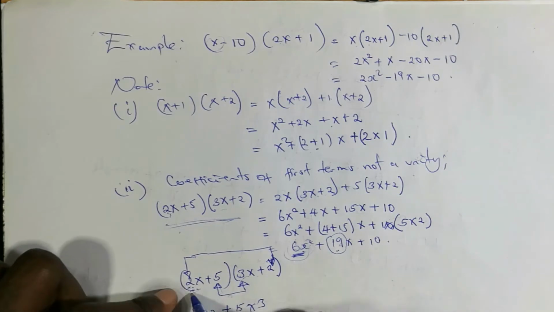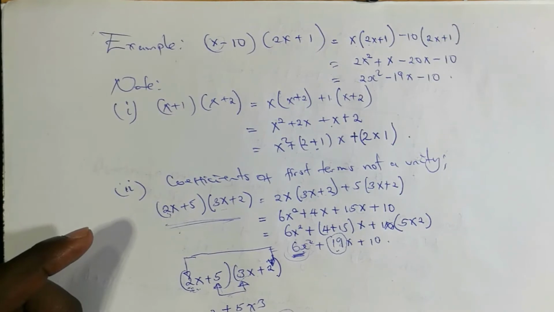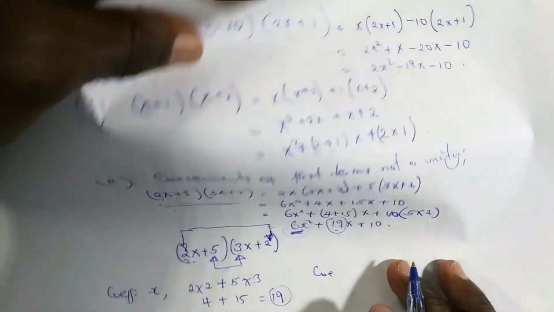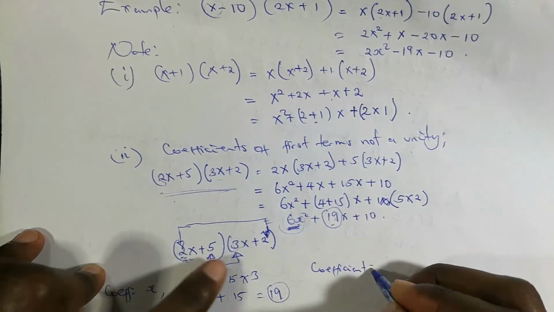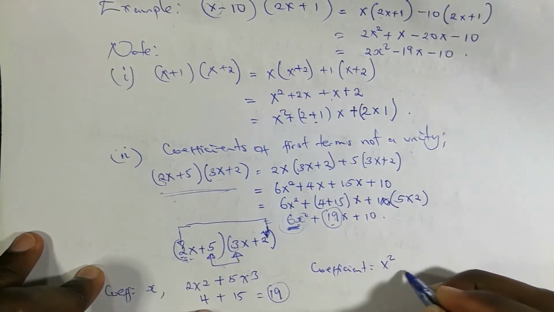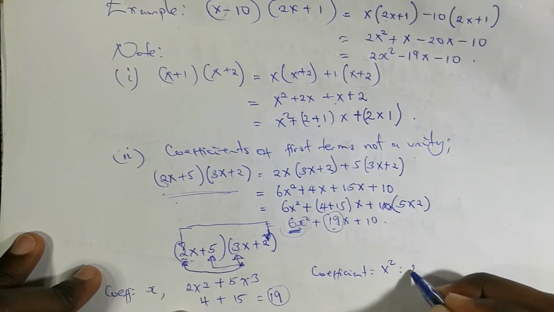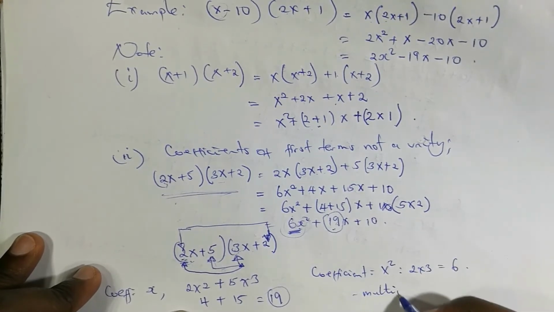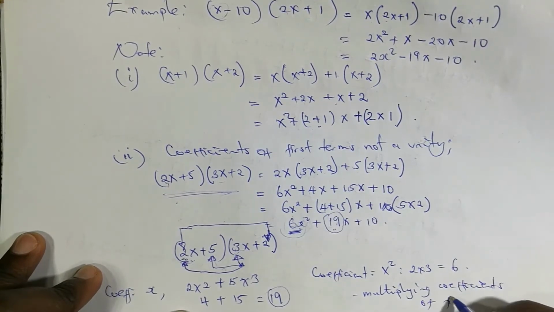And to get this coefficient of x squared, it is going to be this 2 times that 3, 2 times 3, which is equal to 6, which is multiplying the coefficients of the first terms.